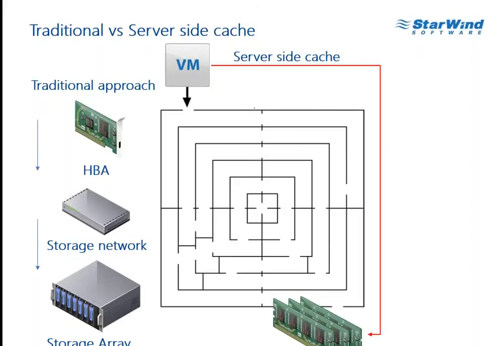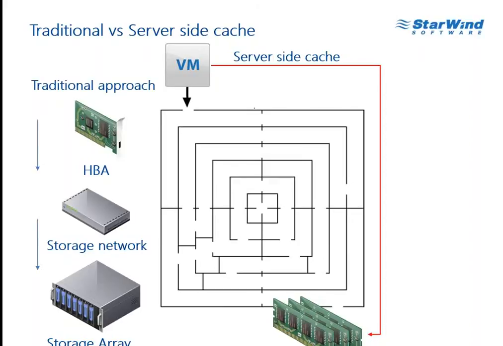Instead, we just bypass it and write directly into the application host's cache. So be it a virtual machine server or just an application server, it uses local RAM as caching, and it doesn't need to go all that long way for submitting I/O to cache and eventually to disk.